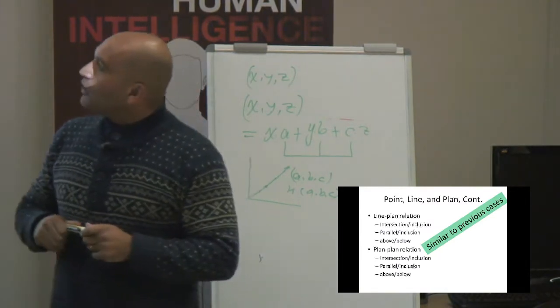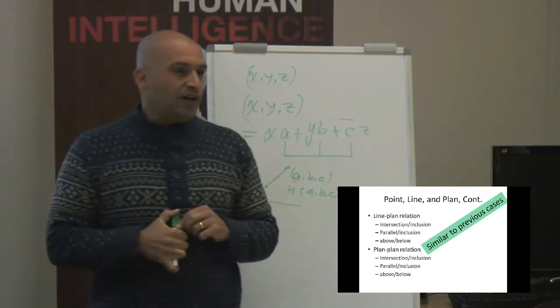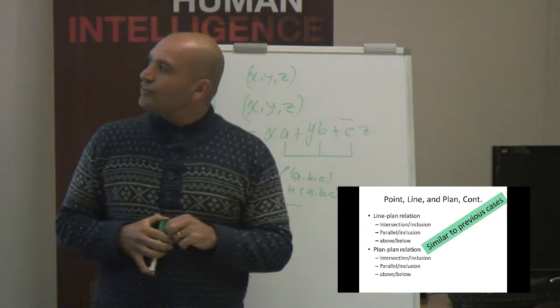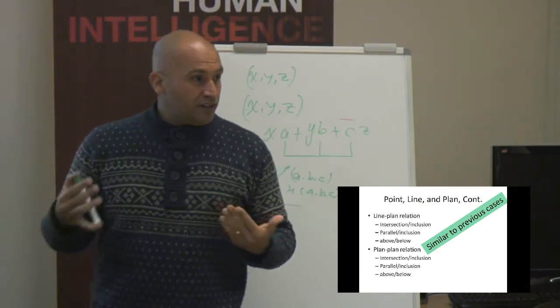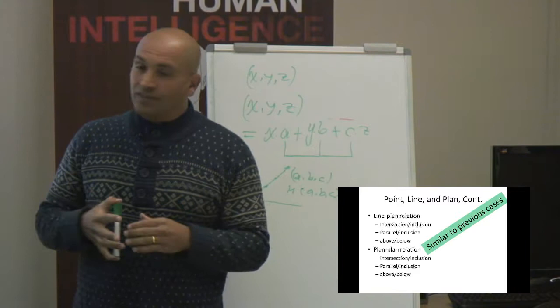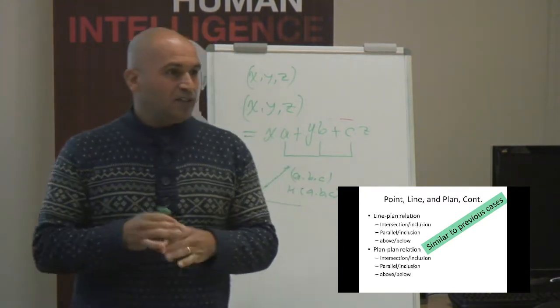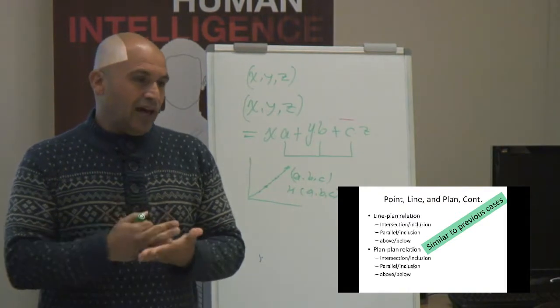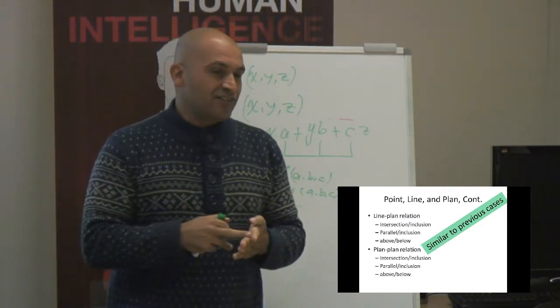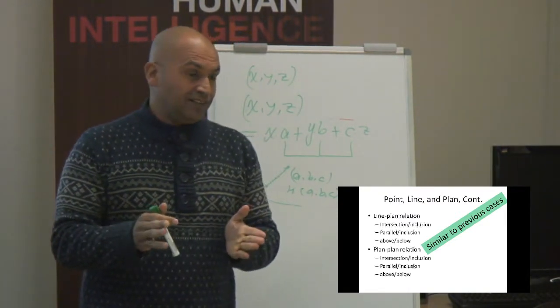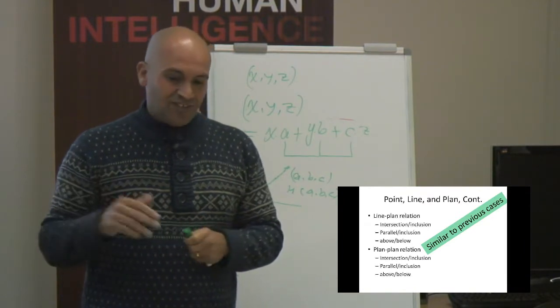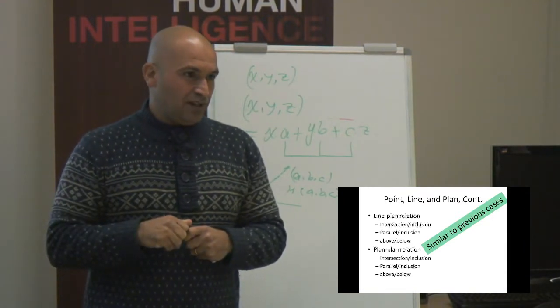In a similar way, we can think about the line and plane intersection, and their relations: when they are parallel, when they are above or below. The same thing with the plane and the plane. A line and a plane could intersect in a point or be parallel. Two planes could also be parallel.